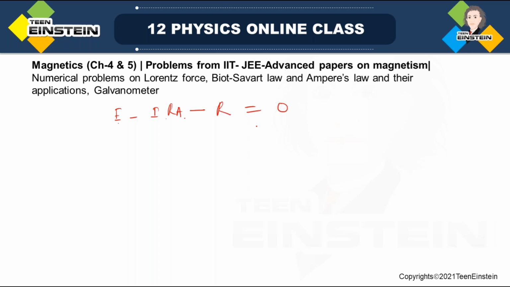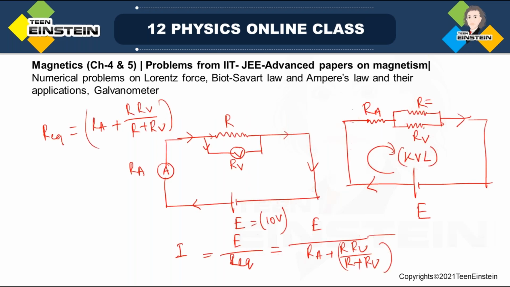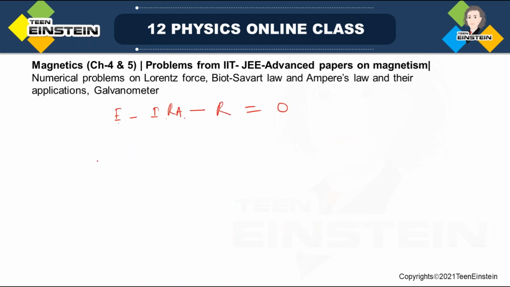So from here, we have already found out current. Okay, that current we will be using now. So our motivation is to find out what is R. Okay, what is this R? That is the motivation.